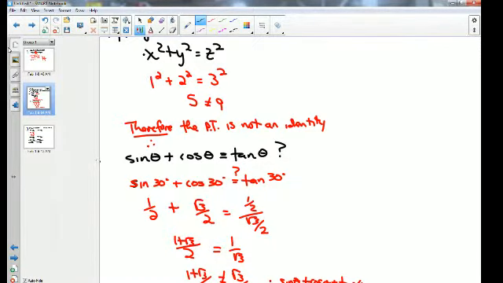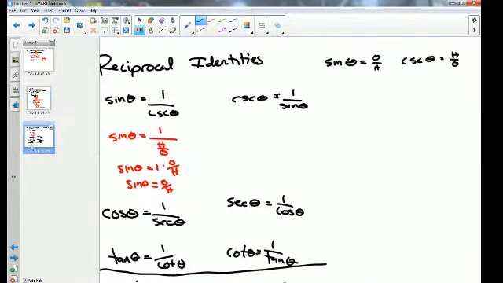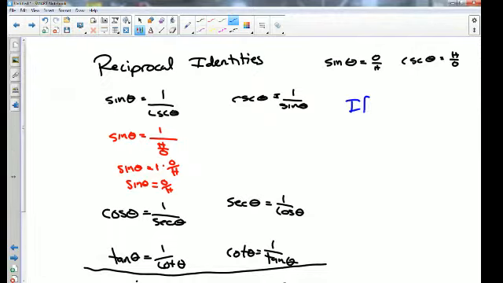All right, so how do we use these? Here we go. Okay. If secant is 3 over 2, calculate cosine of theta.